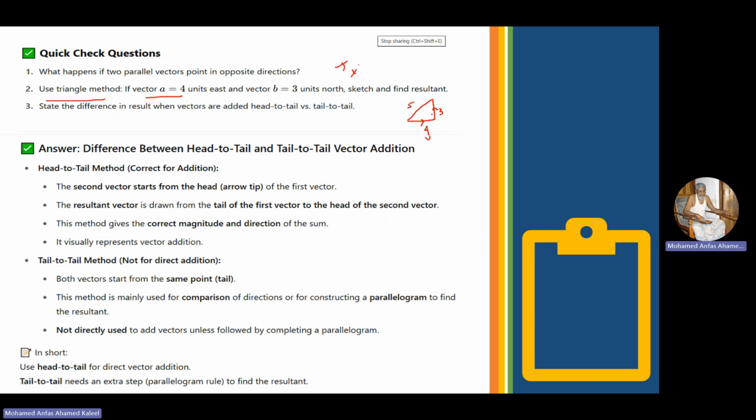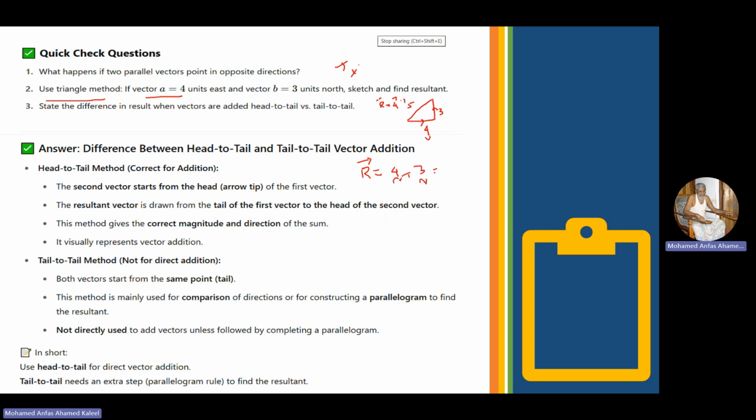Sketch and find the resultant. R vector is equal to 4 vector plus 3 vector.